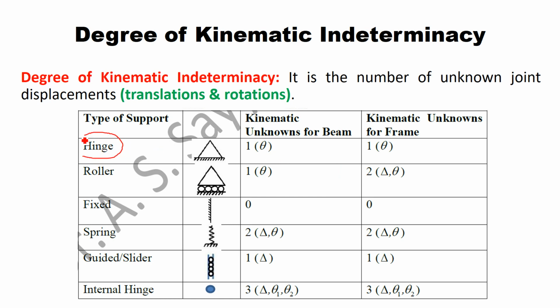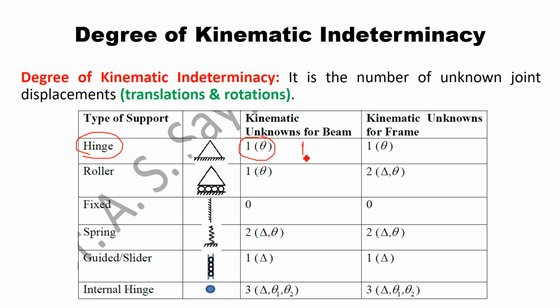For example, if it is a hinge support, it means there is no horizontal displacement allowed, there is no vertical displacement allowed for that point. Only that point can rotate. Rotation is allowed. So if a hinge support is provided at a beam or frame or any structure, there is only one kinematic unknown, and that is rotation, theta.